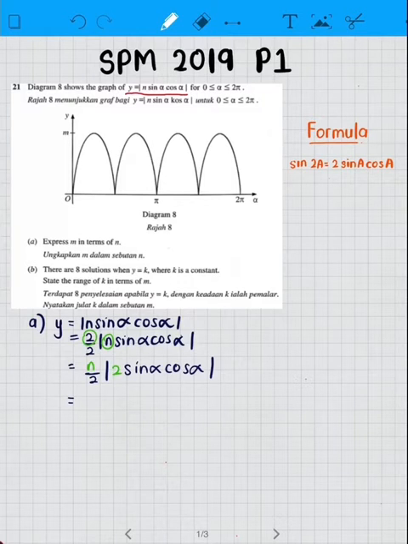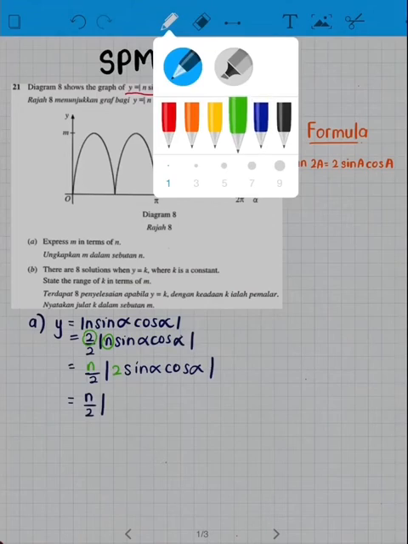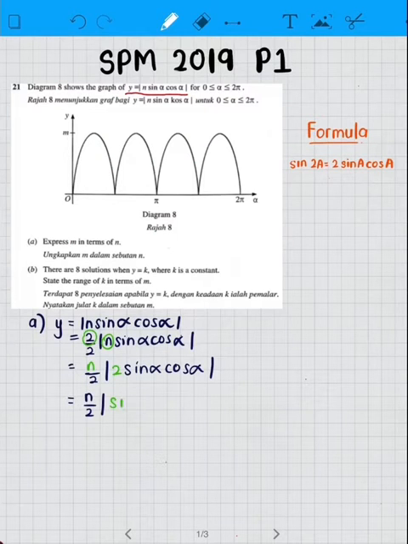So we already have 2 sine alpha cos alpha, so we just need to substitute it with sine 2 alpha. It goes n over 2 times sine 2 alpha. Before I forget, don't forget to put the y.